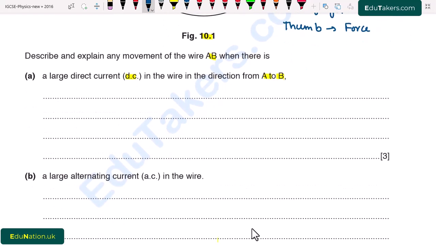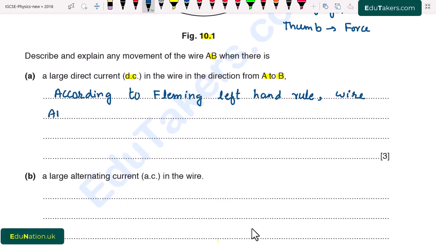So I write here, according to Fleming left hand rule, wire AB moves vertically upwards.